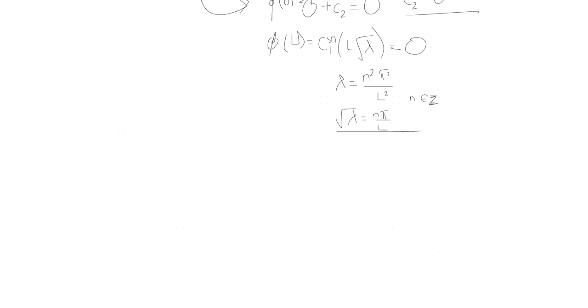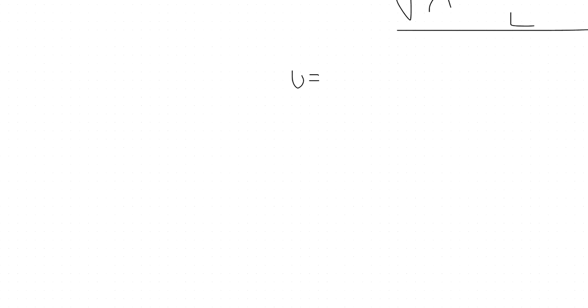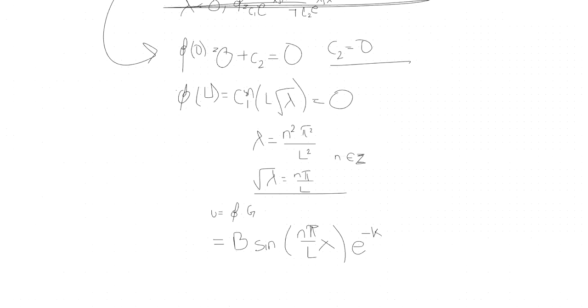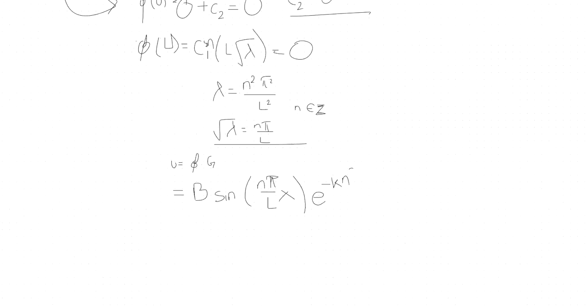That is U, which is equal to phi times G, is equal to, we'll call it a constant B times sine of n pi over L x times e to the minus k n squared pi squared over L squared t.